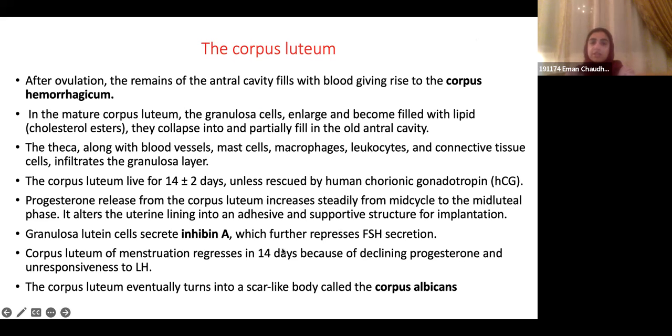Okay? It turns eventually into the corpus albicans. Albicans, alba is white in Latin, basically just means white body. It's a little tiny scar. That means it stopped its function entirely. It's just scar tissue. And that is basically it.